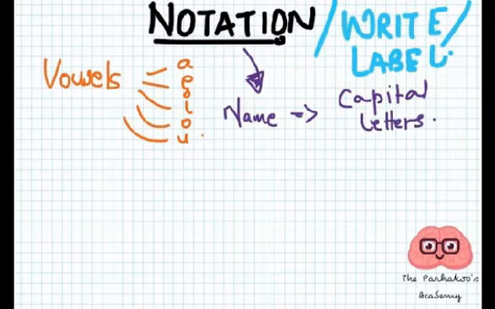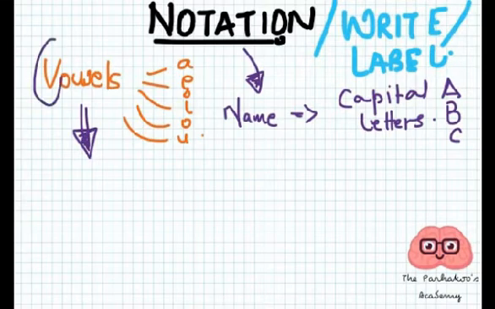So you can use any capital letter, A, B, C, whatever. Since we are dealing with the vowels, and it starts with V, you can name it V. Then we put an equals to sign, and open the parenthesis.